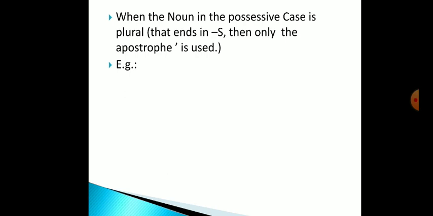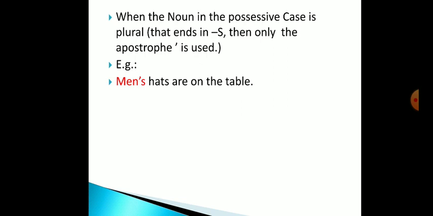We are talking about many things. So in the possessive case of plural we just use an apostrophe.